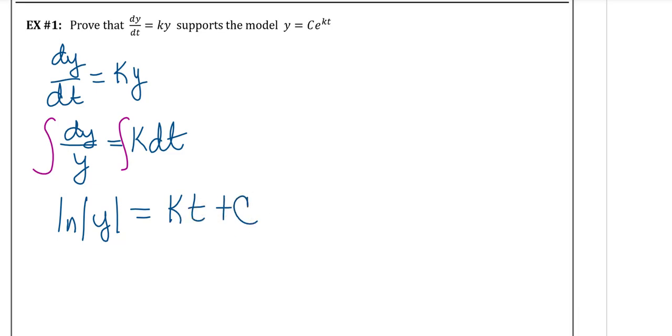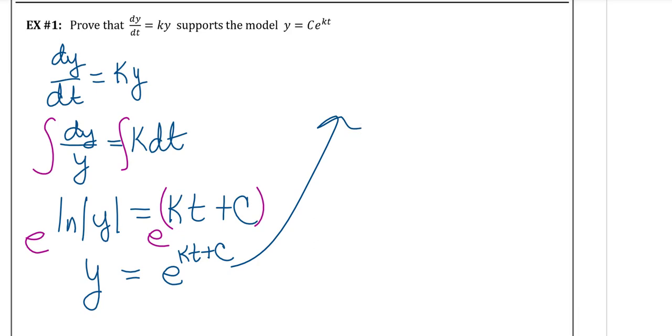Now, to get rid of the natural log, because I want to solve for y, I am going to raise both sides to the power of e. And when I do that, since natural log and e are inverses of each other, I will be left with y, and then I'm going to have e to the kt plus c. Now here is where I'm going to write e to the kt times e to the c.